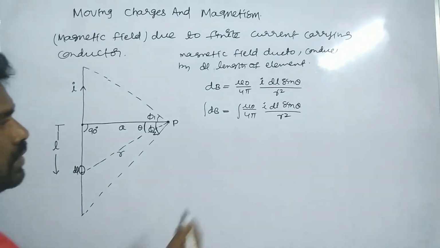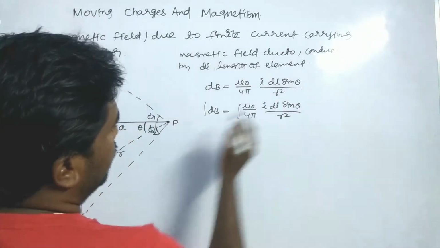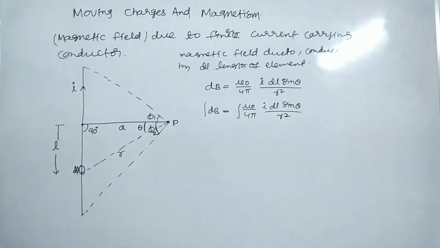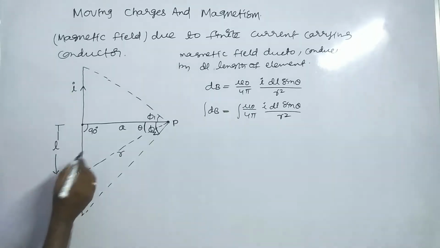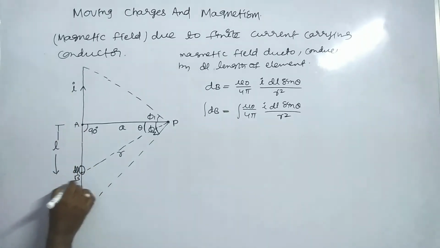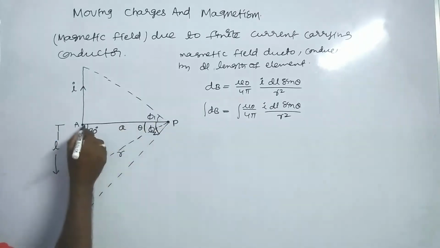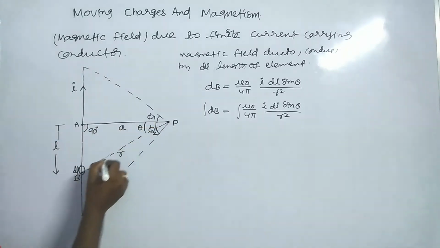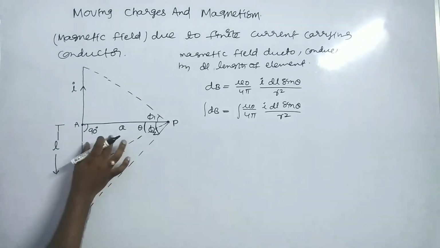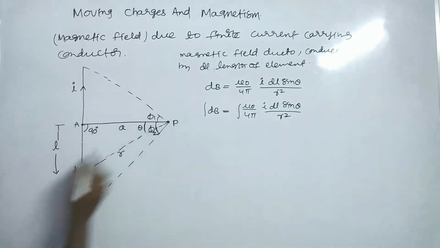So let us find the r value and dl value here. This is point A and this is point B. This is a right angle triangle, APB. In this we have to find the cos theta value.